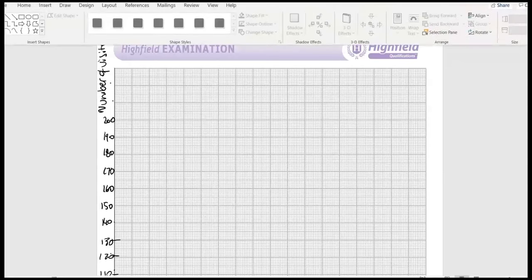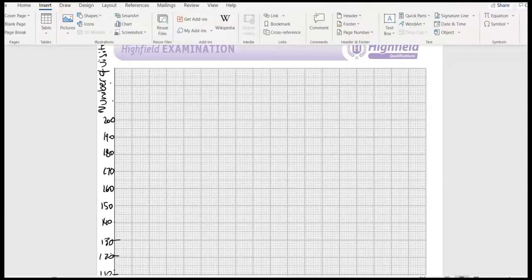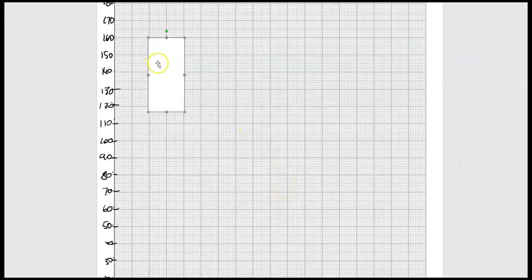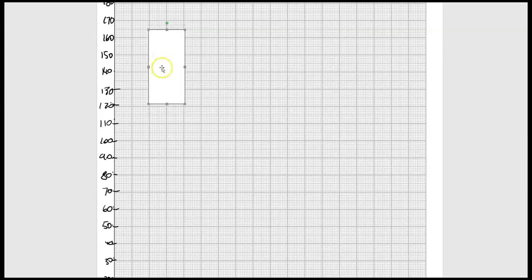For Monday, we're going up to 165, which is in between 160 and 170.